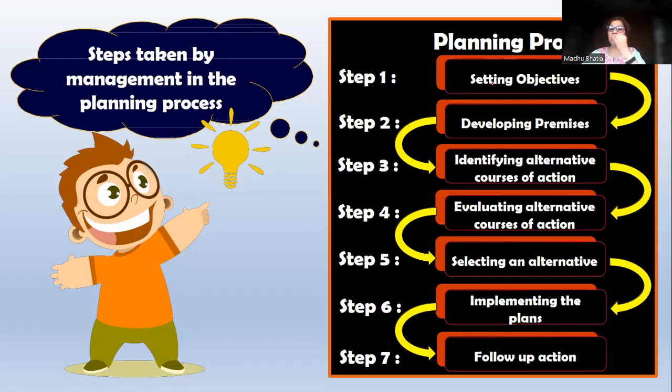So when we are talking about setting objectives, they are long-term goals of any business. These objectives comprise qualitative as well as quantitative aspects. Keep writing the words, qualitative, quantitative. However, it has to be quantitative in nature.